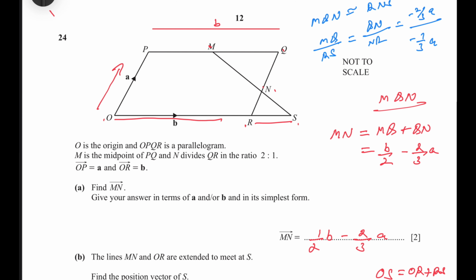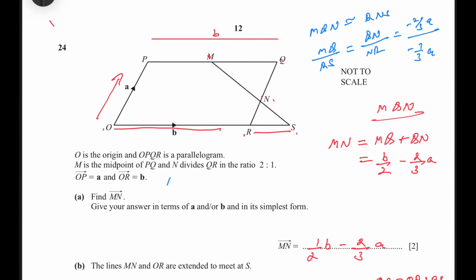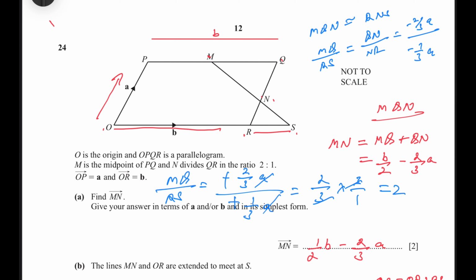So A and A will get cancelled, minus will get cancelled. So this will be 2 by 3, reciprocated 3 by 1, which is actually equal to 2. So basically MQ equals twice of RS.